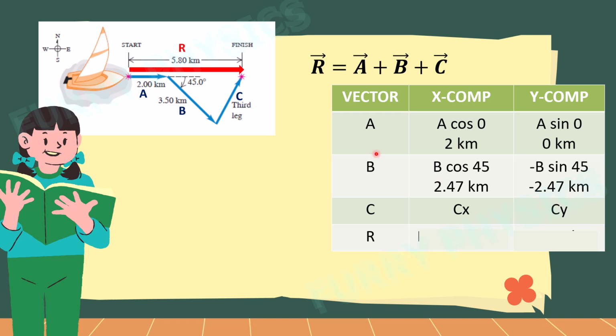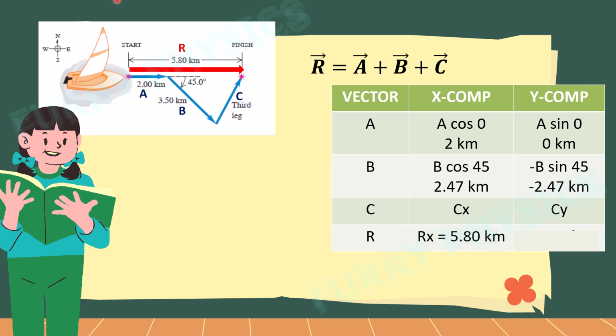Now, how about the resultant vector R? Is the resultant vector R given? You can see in the diagram that vector R is along the x-axis, and the direction is to the right, and the length of the arrow of vector R is 5.80 kilometers.